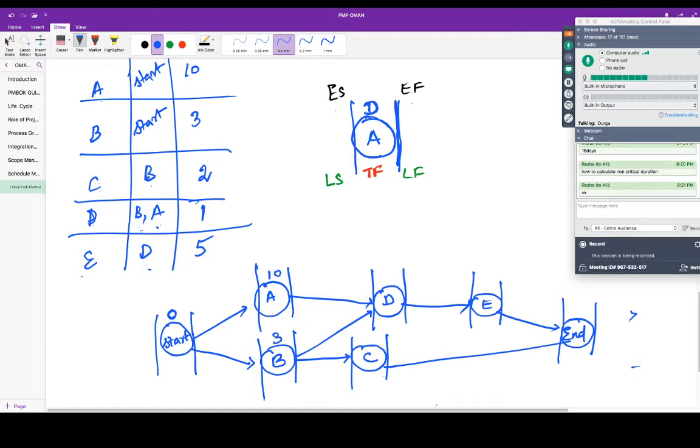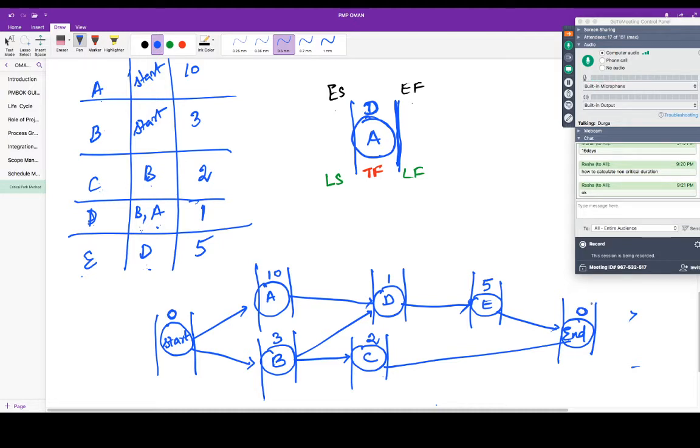For activity C, 2 days. For activity D, it is just 1 day. Activity E, it is 5 days. And of course for the milestone, it is 0 days duration.